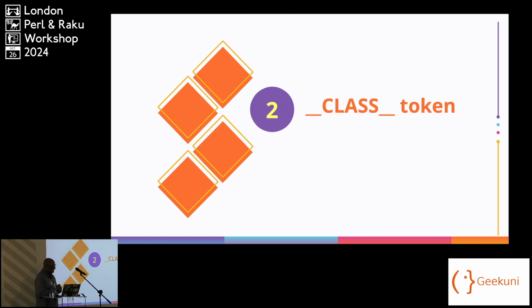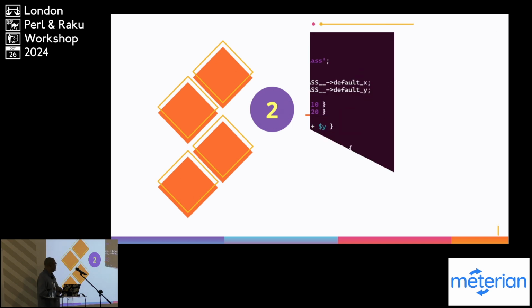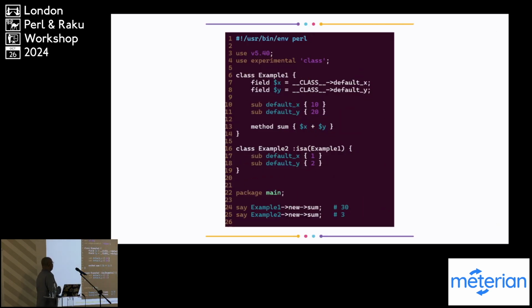So what is the difference? In my opinion, what I understood so far is that it's different from __PACKAGE__ only when you have inheritance involved in your package. So this is what I meant. If you look at this, we have a class called example1, and I want you to tell me the difference.